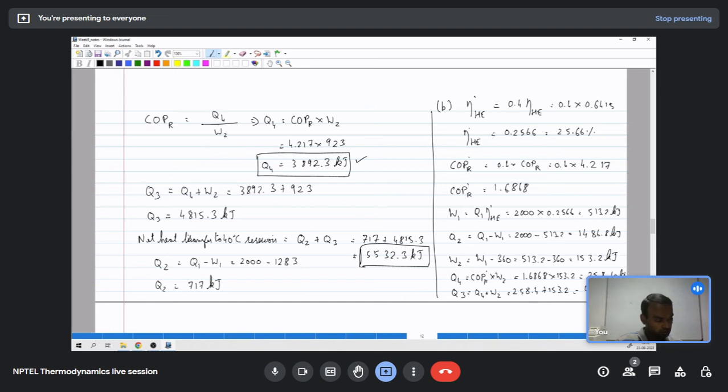This is 411.6 kilojoules. So again the heat supplied to the refrigerant is represented by Q4, and that is 258.42 kilojoules, and the total heat transferred to the reservoir at 40 degrees Celsius is Q2 plus Q3.